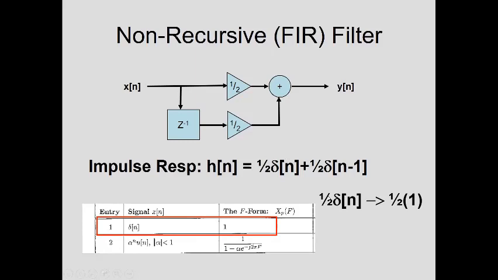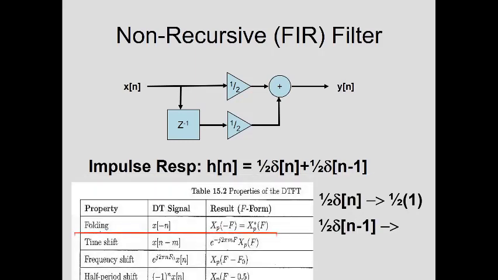And so this 1/2 delta sub n translates to 1/2 times 1 in the transform domain. This delta sub n minus 1, I don't have that exactly in my transform table, but I do have a properties table that says if you have a time shift, a time delay in your signal, you take its discrete time Fourier transform x sub f, and in the DTFT, you multiply that by e to the minus j 2 pi m f, where f is our frequency variable and m is the amount we delayed our signal in the time domain.